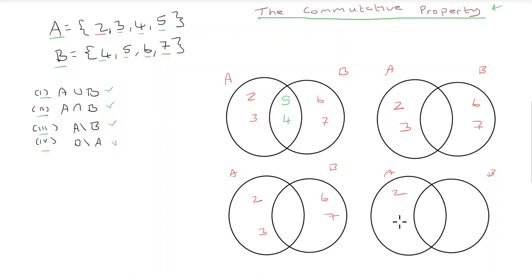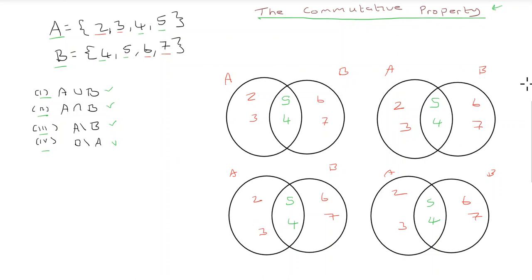So 2, 3, 6, and 7, and then we have our common elements, 5 and 4. Okay, so we have 4 sets here.